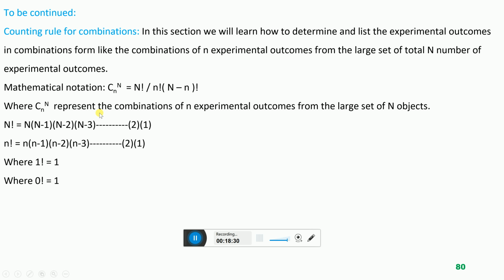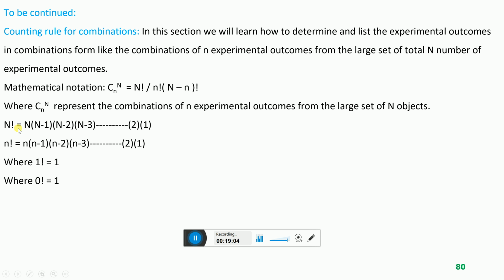So C N n represents the combinations of N objects taken small n at a time from the large set of N objects. The small n is the combination, the group of items that we will choose from the capital N, which is the large set of items or group of objects.